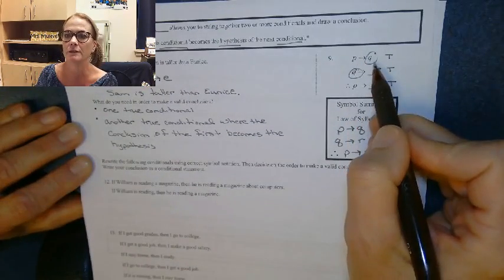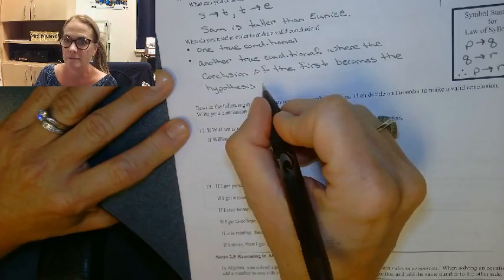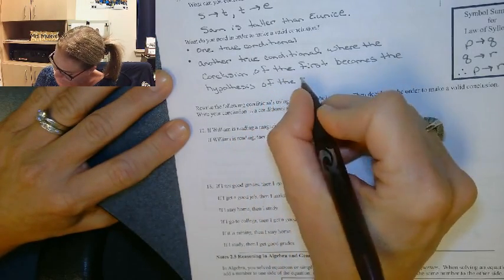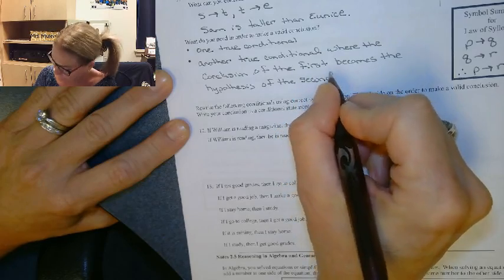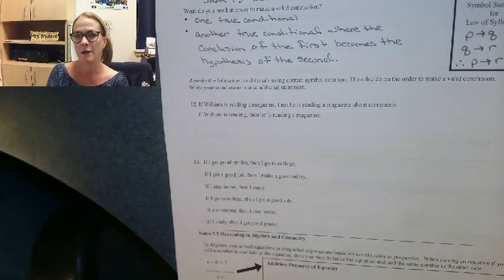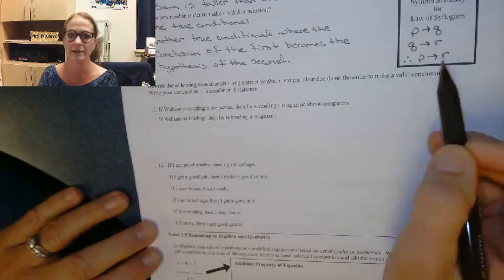This conclusion became this hypothesis. All right, one true conditional where the conclusion of the first becomes the hypothesis of the second. And then you can apply and do your linking right here.